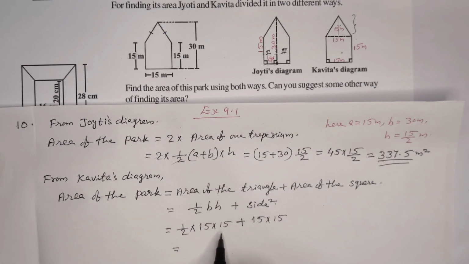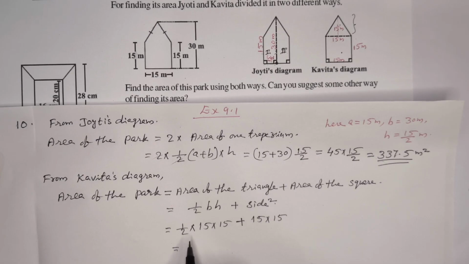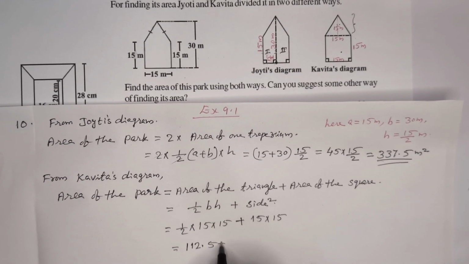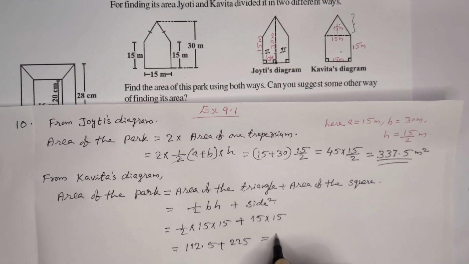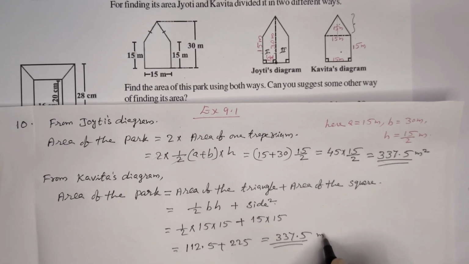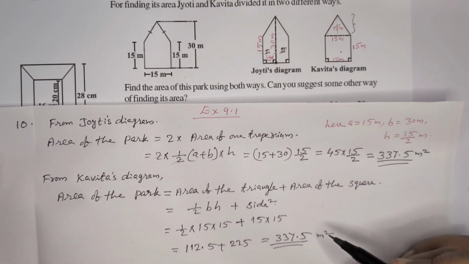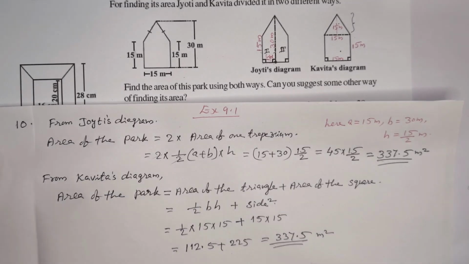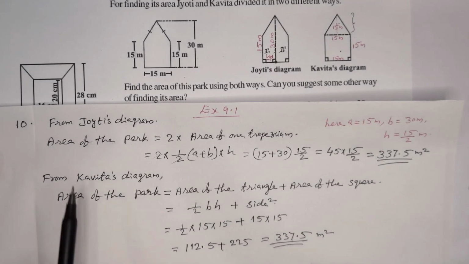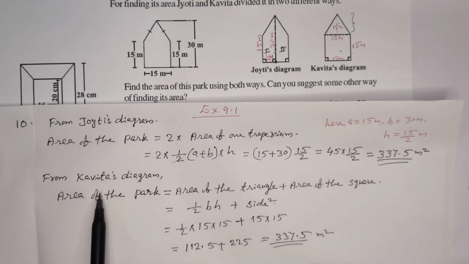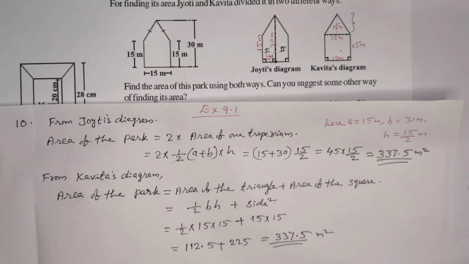When we divide 15 into 15 by 2, we get 112.5. 15 into 15 is 225, which is equal to 337.5 meter square. So both are giving the same answer, 337.5 meter square, by Jyoti's diagram and also by Kavita's diagram.